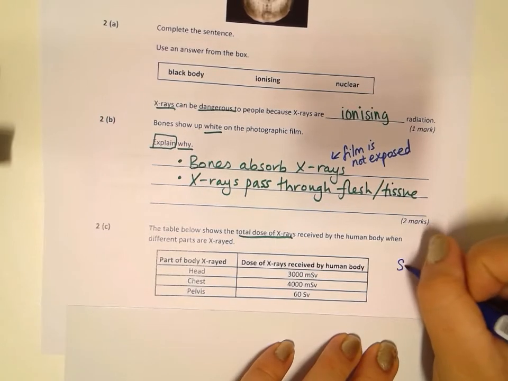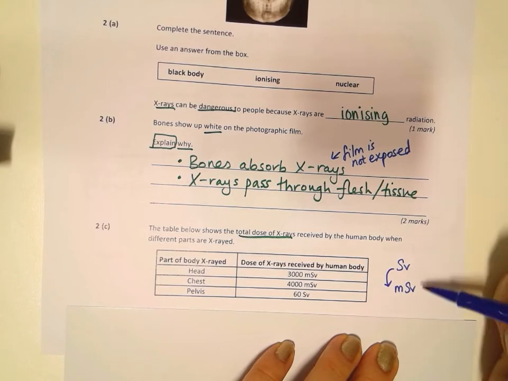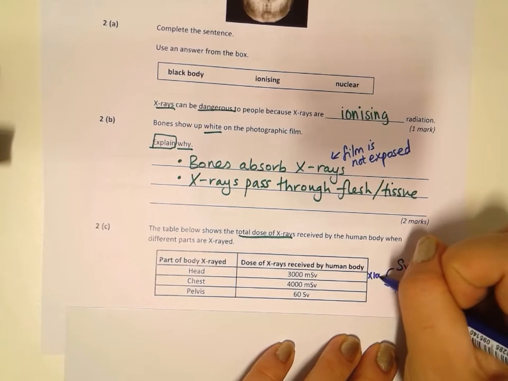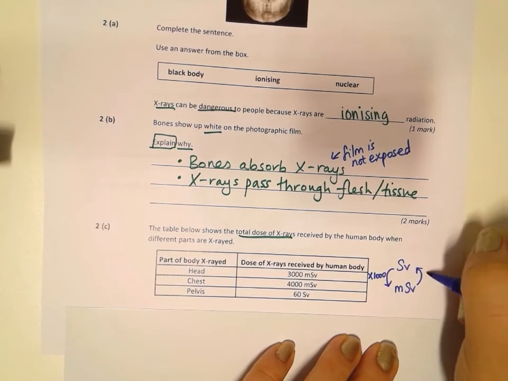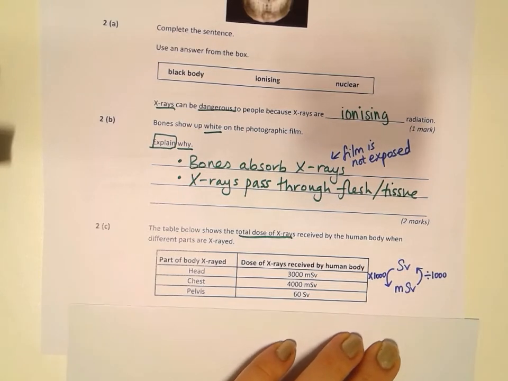So we have sieverts, and we also have millisieverts. If we are getting smaller, remember we are then multiplying, and in this case we are multiplying by 1,000. If we're getting bigger, change the B to a D, we're dividing, and so therefore we divide by 1,000 there.